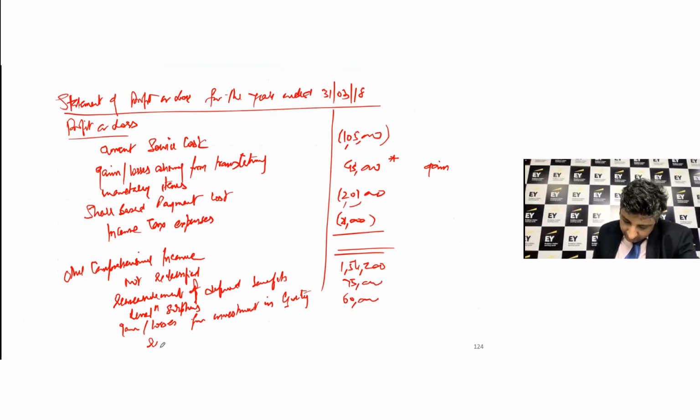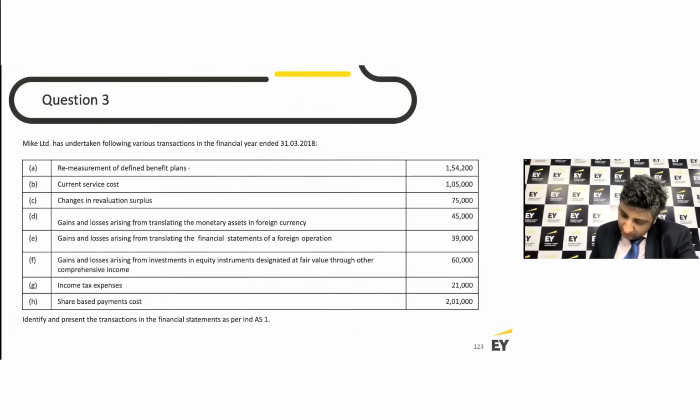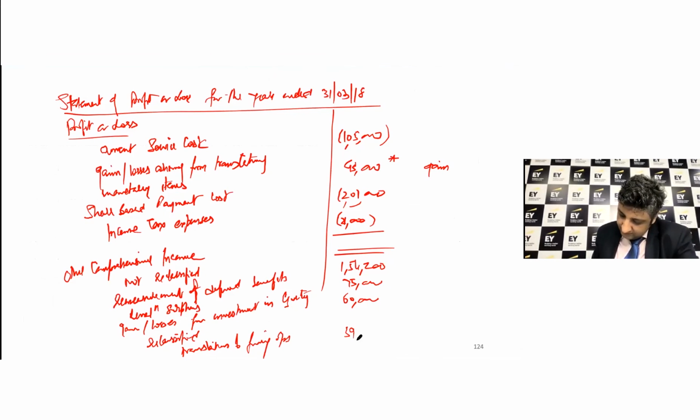And then we also have reclassified, which is translation of foreign operations, right? That's amounting to, the only amount left is 39,000, right?